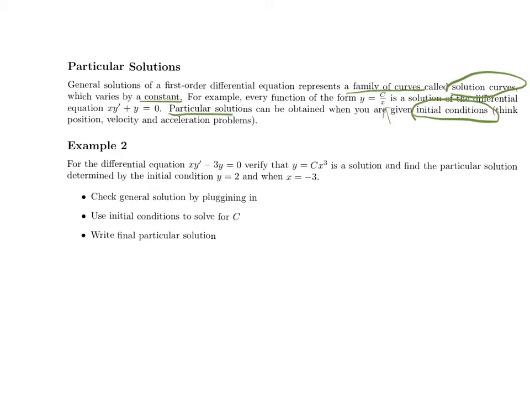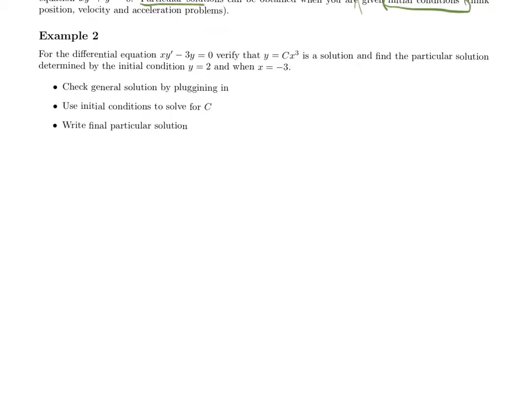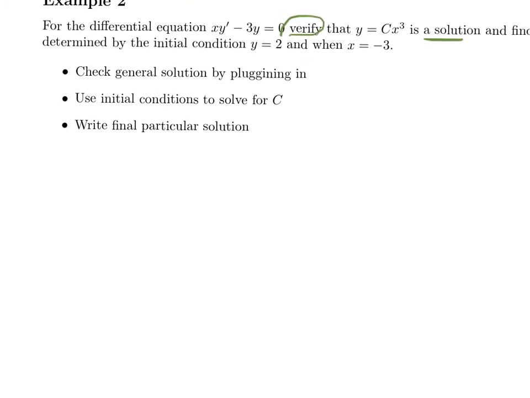Let's take a look at how to do that. Example 2, we've got the differential equation here. The first thing we're going to do is verify that y equals cx cubed is a solution, and then find the particular solution with our initial conditions. Just like we saw before, let's verify this.